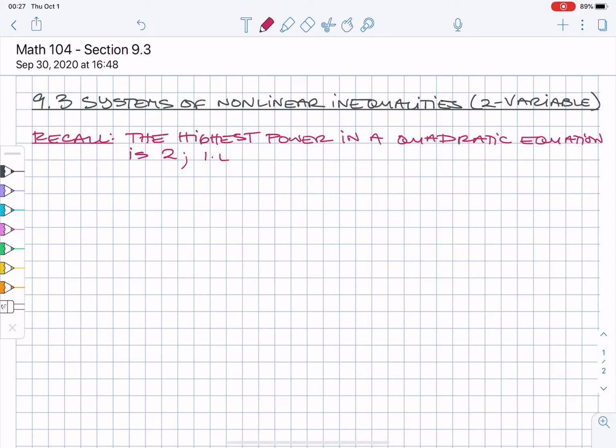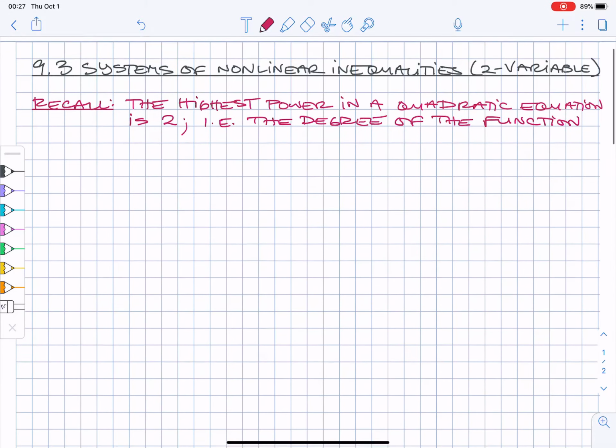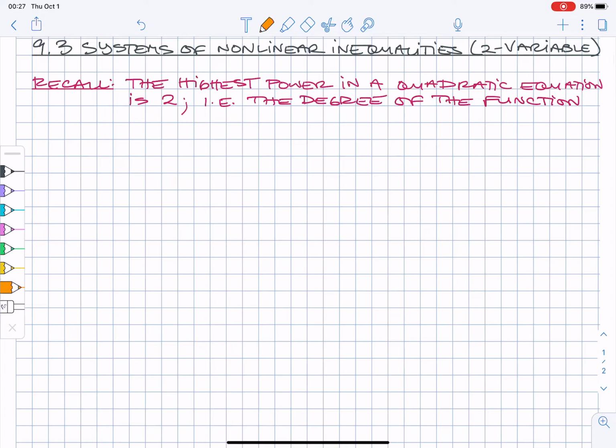That is the degree of the function. The degree is the highest power, right? Okay, so let's consider the following scenarios.